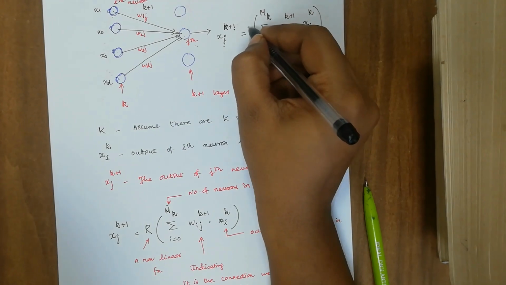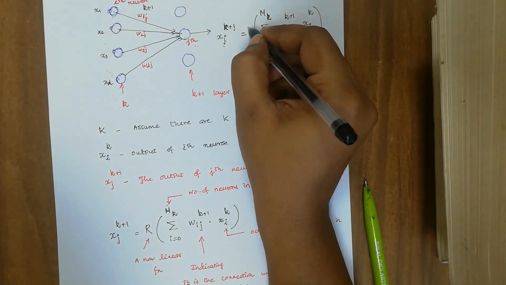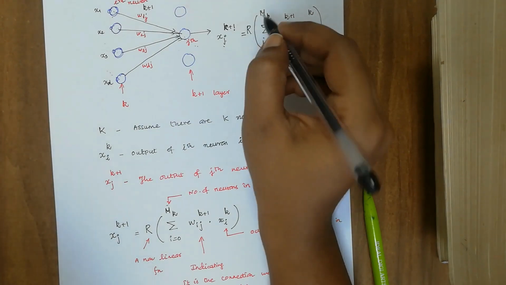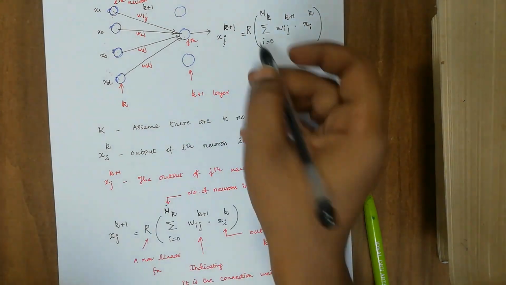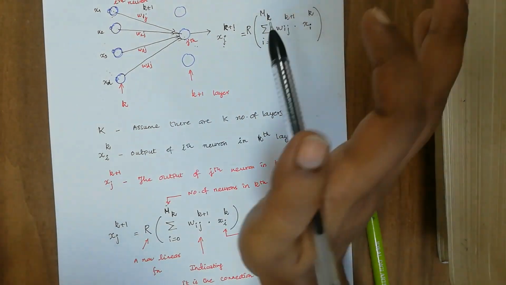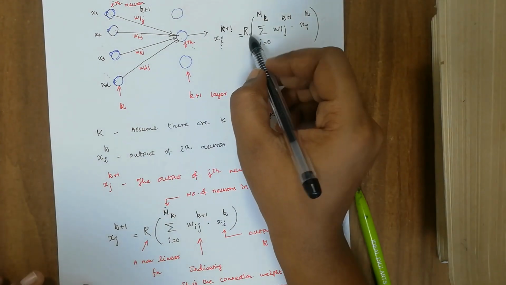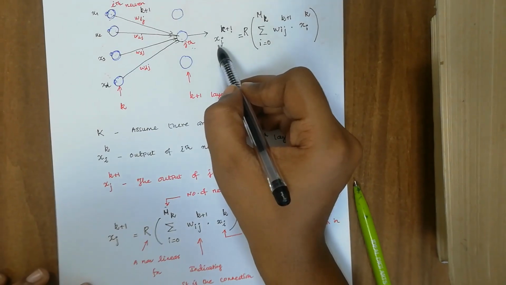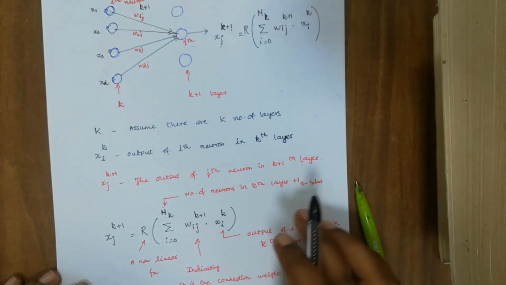After taking the summation, we have to apply a nonlinear function f. Here I have represented it as r, both are the same, we can represent it as small f also. Applying the nonlinear function gives the output of the jth neuron in the k plus 1th layer. So these are the terminology.